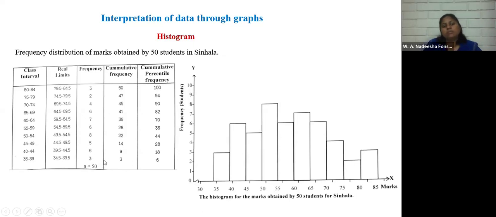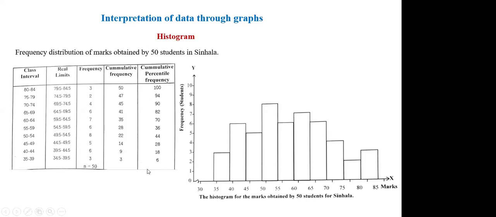Again 6 divided by 50 into 100 is 12. Like that, we have to calculate the percentile frequency. Then we consider the cumulative percentile frequency. Is it okay? Yes, madam, we are clear. Okay.